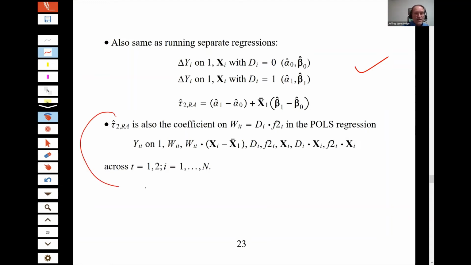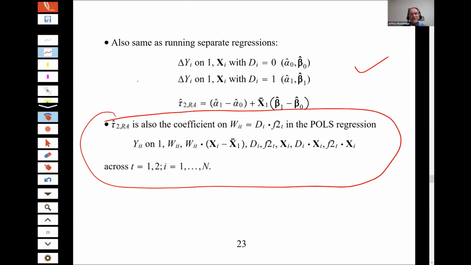And also it's the same as an even longer pooled OLS regression where you put in every interaction term that you can think of. So this is the treatment indicator. This is the interaction of the treatment indicator with the x's. So it's these coefficients, when we pool across the two time periods, that contain all of the treatment effects.